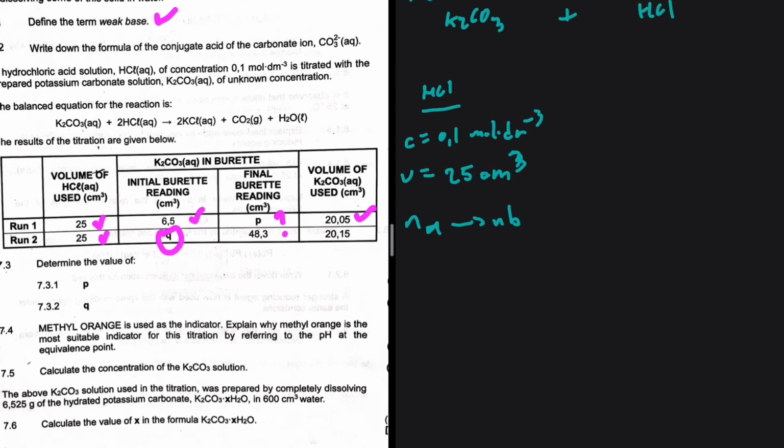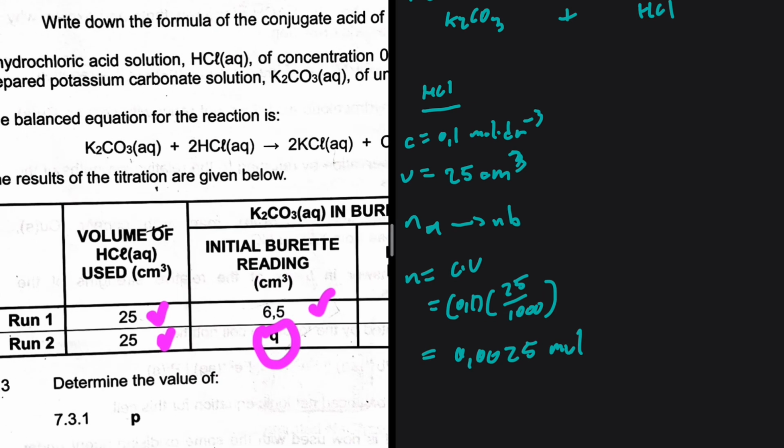So the number of moles of HCl is CV. So we have 0.1 times 25 over 1000. Let me put that in my calculator. So 0.1 multiplied by 25 over 1000. I'm getting 0.0025 moles. This is the number of moles of acid. Let's check the balancing coefficients.